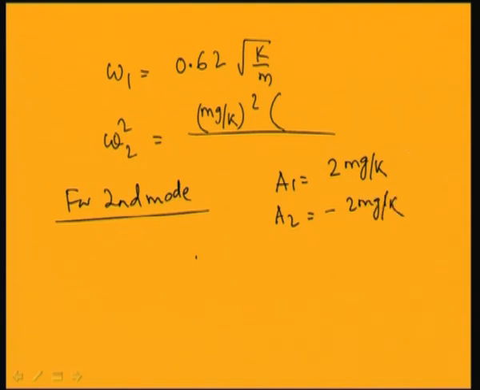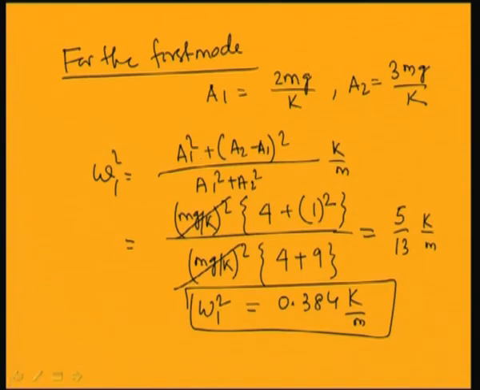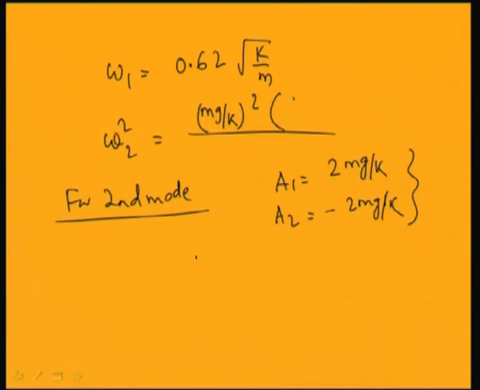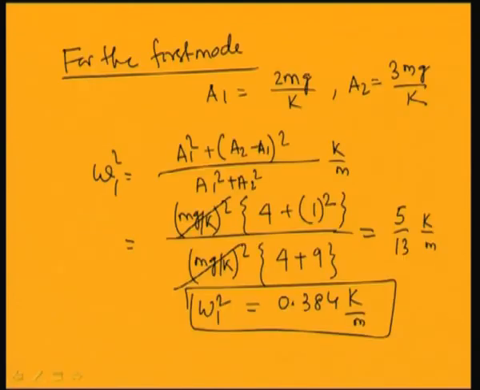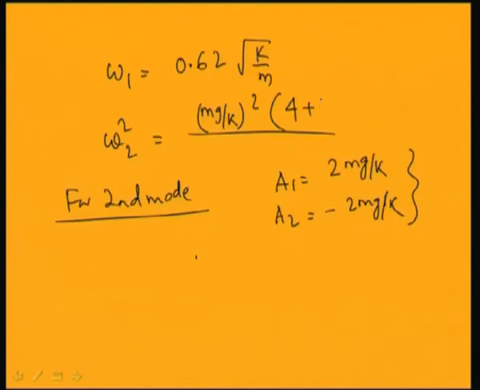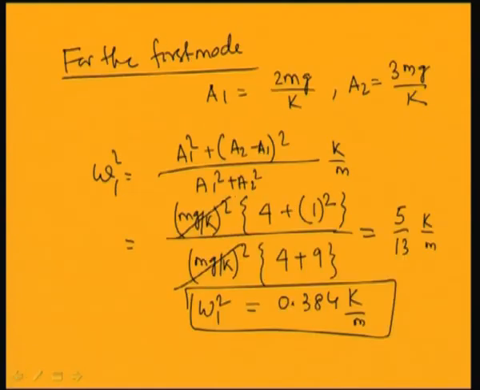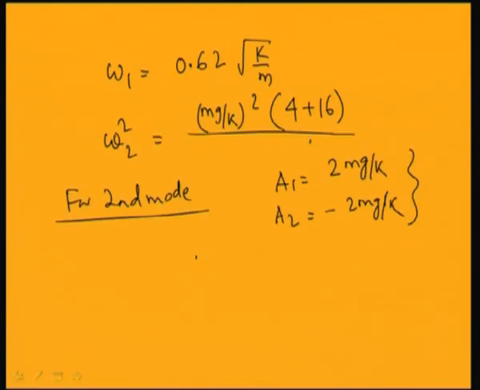Then a1 square will be 4, plus (a2 minus a1), that is minus 2 minus 2, so minus 4 whole square, which becomes 16. So on top you get 4 plus 16, and below you get 4 plus 4, which is 8.